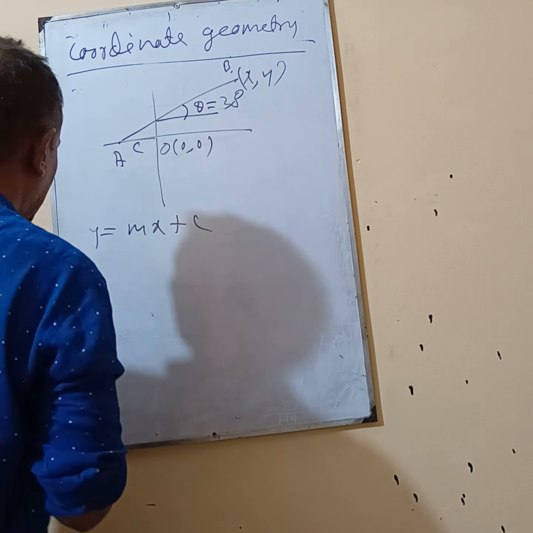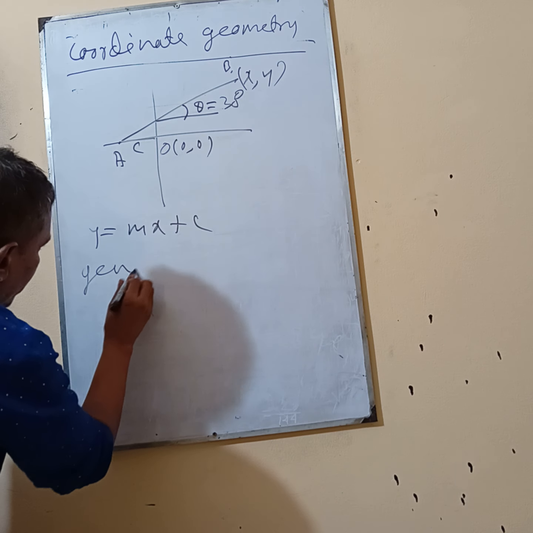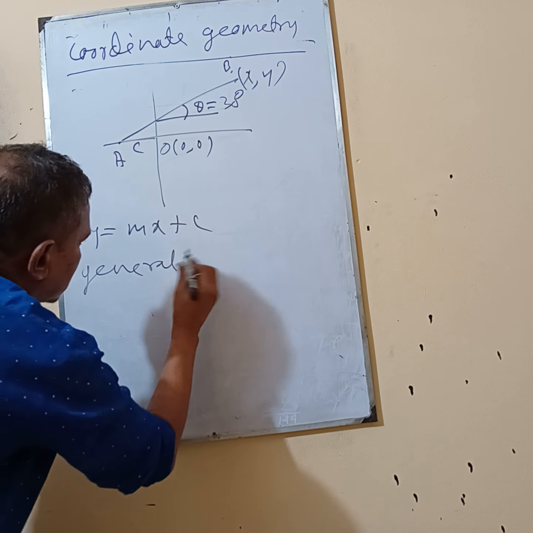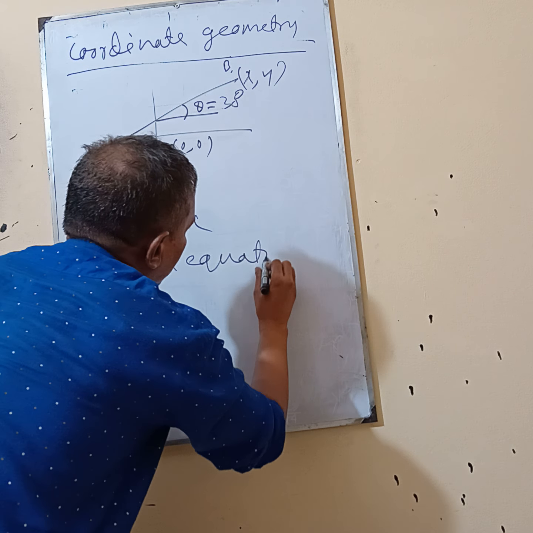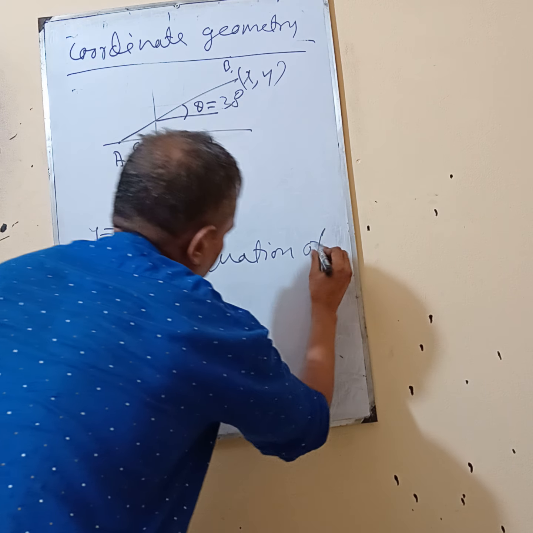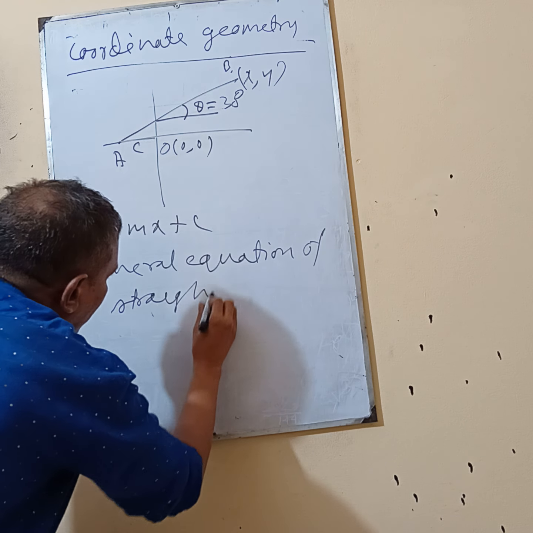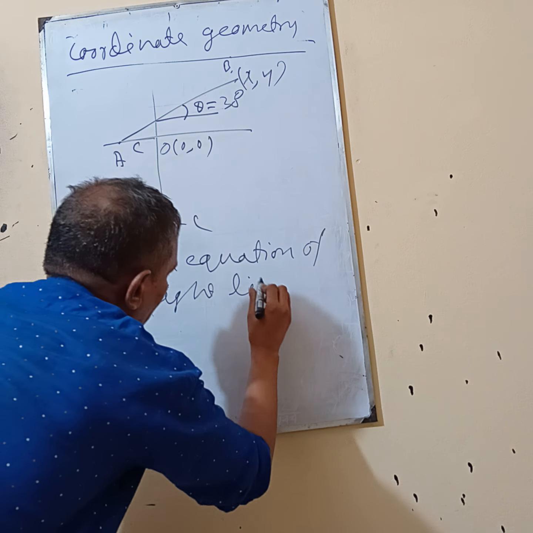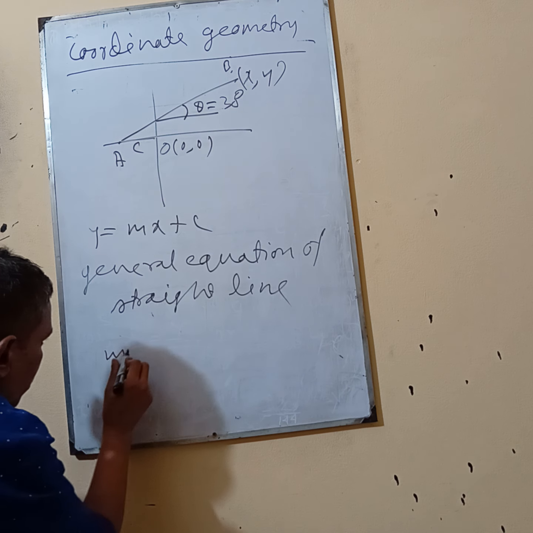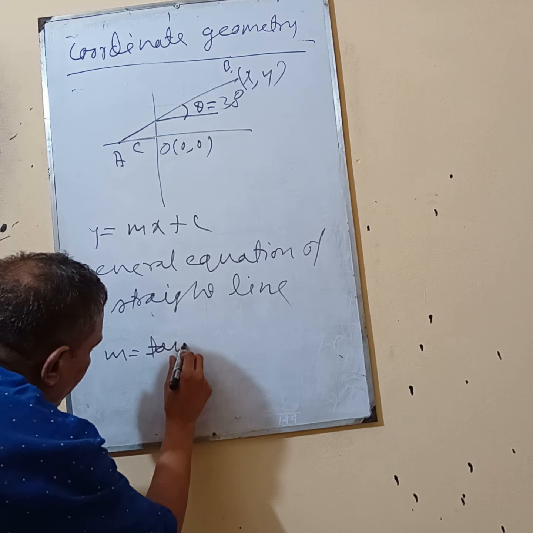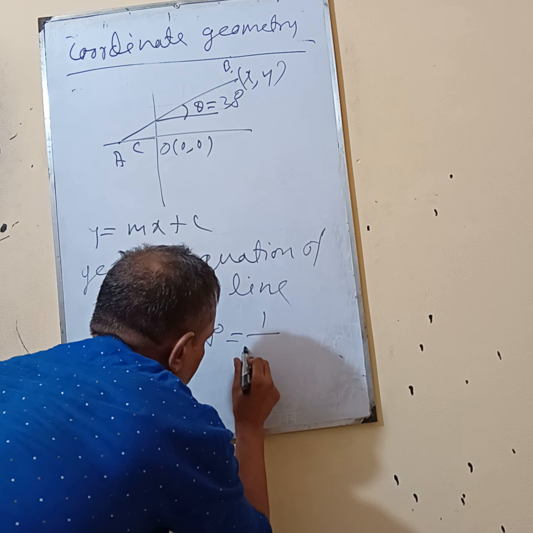This is the general equation of a straight line. Now m is equal to tan 30, which is 1 by root 3.